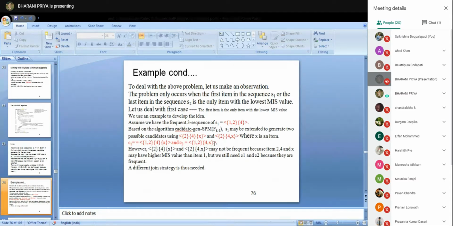So what we are doing to join or to get another item is extending the candidates by using an additional item. Is this point clear?